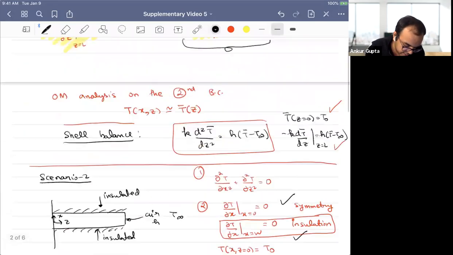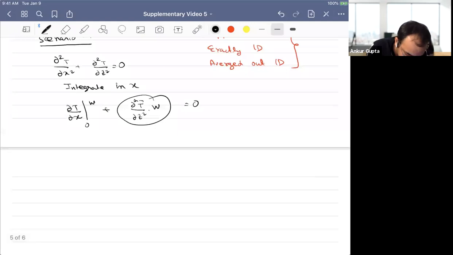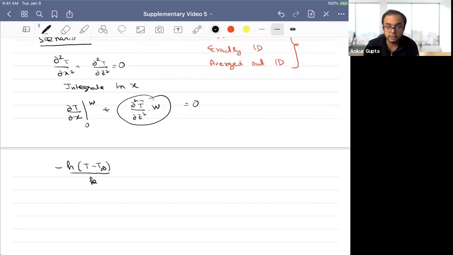So this becomes minus h into (T minus T infinity) by k. This is the value of del T by del x, but T here is the temperature at the wall, T w, and plus d square T bar by dz square times w is equal to 0.